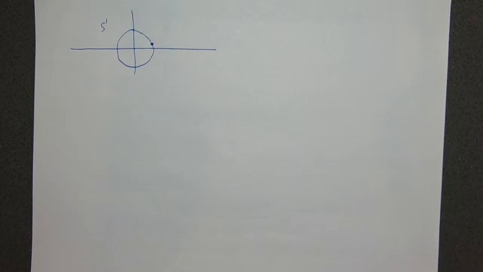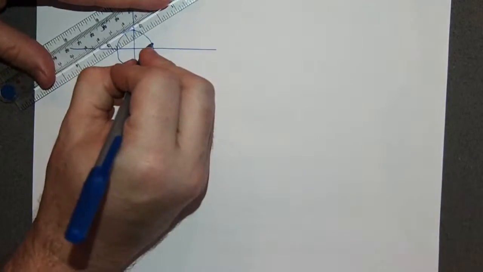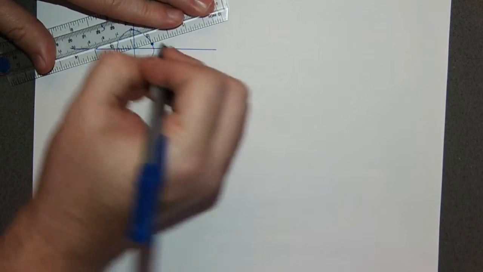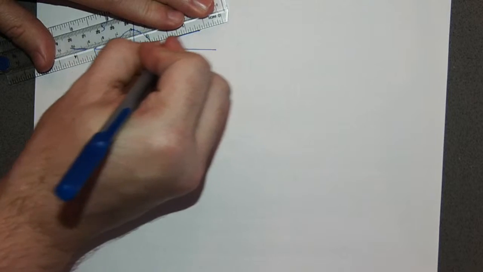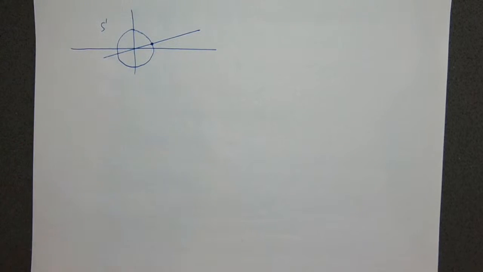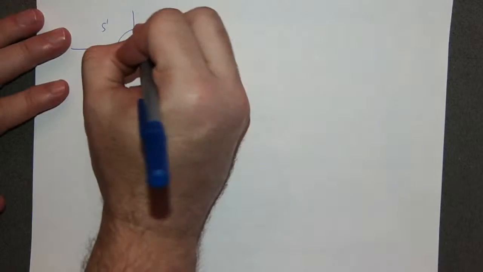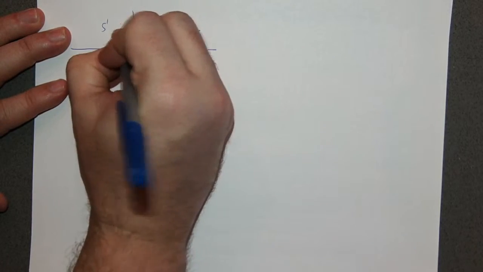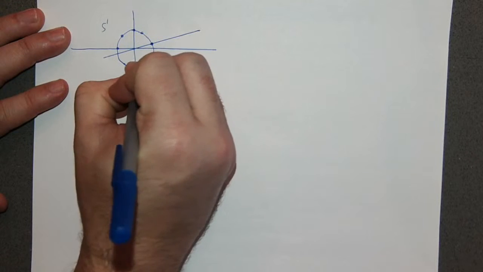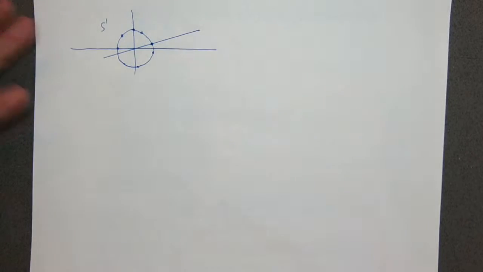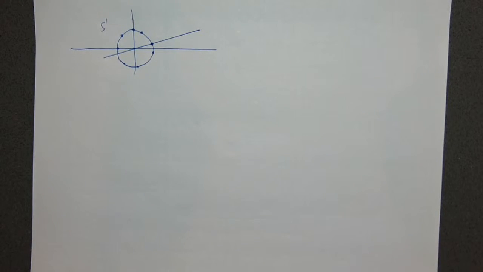The way that I determine a reflection from that point is that I just draw the line connecting this point and the origin. Now I have a reflection line. I can do that similarly for any point I like, right? Any of these points, I can draw the line determined by those points and the origin. I get a reflection line.